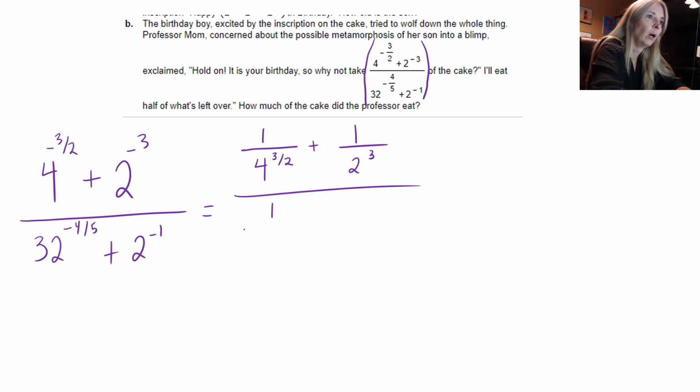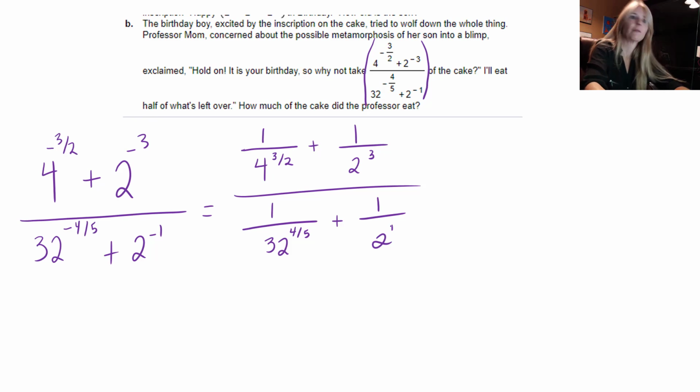This other one will be 1 over 32 to the 4/5 and then plus 1 over 2, of course, to the first power. All right, so then I would use that rule that we learned, that this is m over n. So 4 to the 3/2 power is the same as the square root of 4 cubed.